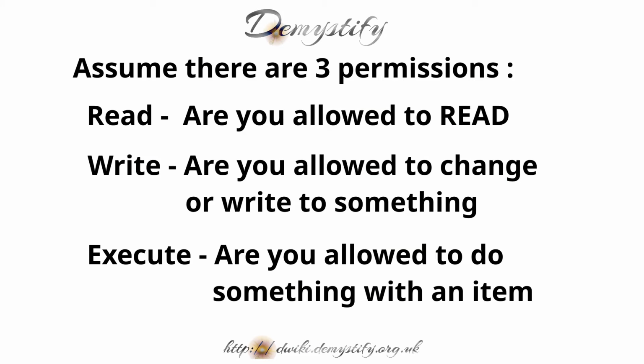So for simplicity, I know there are a lot more, but let's just assume there are 3 permissions. Read says you're allowed to read things, quite obviously. Write says you're allowed to change or modify or write to something. Execute means you're allowed to do something with an item.